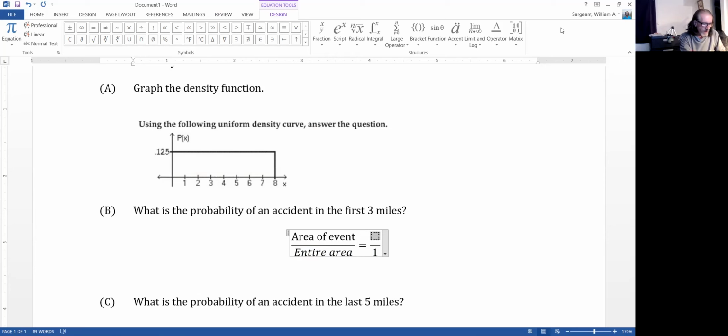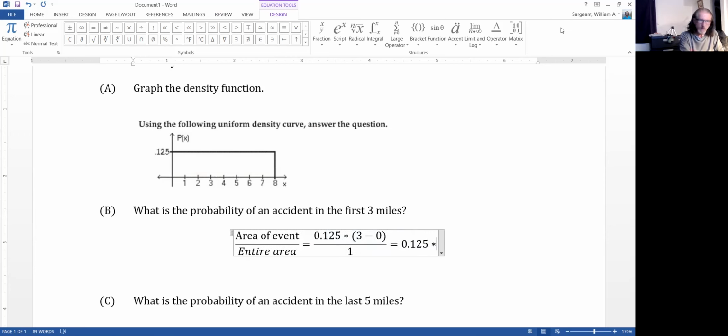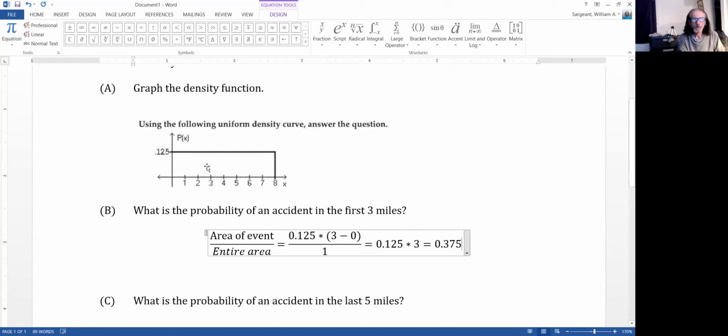And then we would have a height of 0.125 times the base, which is 3. That's going to give us 0.125 times 3, or 0.375. Now, a much easier way to do that would have been to say, all right, we've got 3 between here and 0 over 8. 3 over 8 equals 0.375.